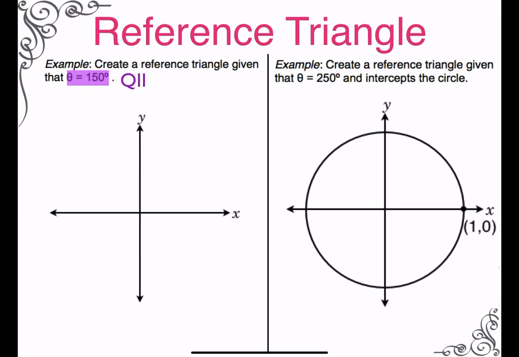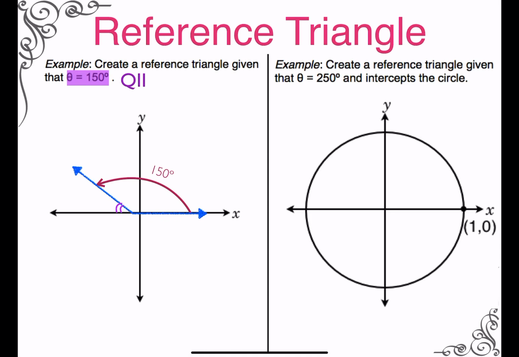Well, the first thing I'm going to need to recognize is that the triangle is going to appear in quadrant 2 because it's beyond the quadrantal angle of 90. All right, so I'm going to sketch where that angle would be located. That's my 150-degree angle. Its terminal side, of course, is in quadrant 2.